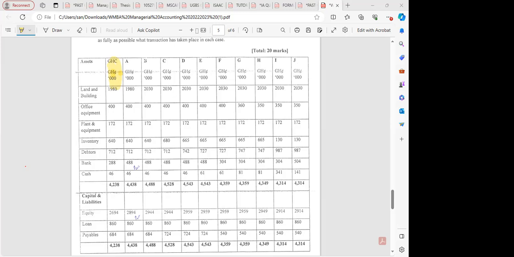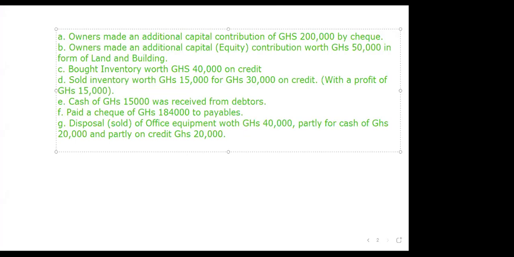Is better or something to her, right? So I would say written down value of CDs has been made on office equipment.